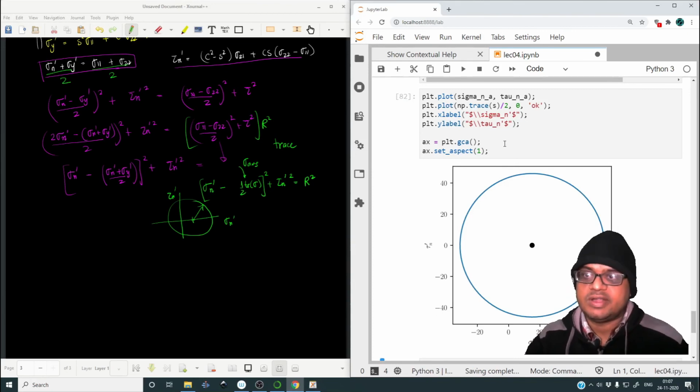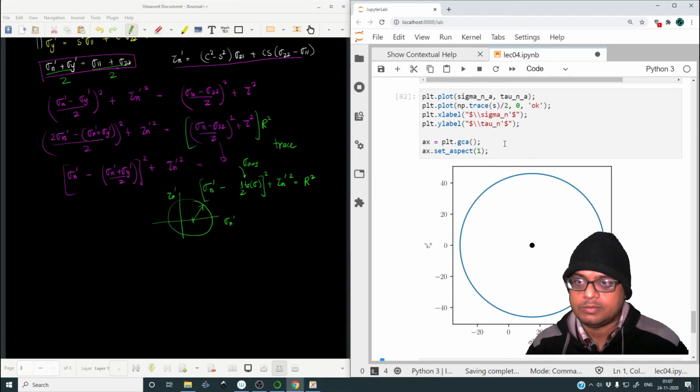So this helps us in identifying the locations of the maximum shear stress and normal stress.